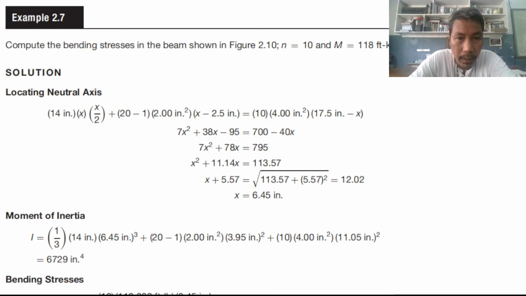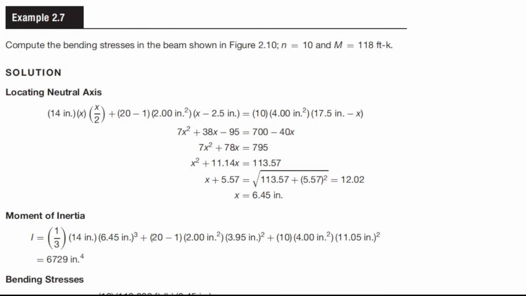I will need to turn off my video initially so that we can read our problem. Sample number 7: compute the bending stresses in the beam shown in the figure. n is equal to 10 and M is equal to 118 feet-kips.